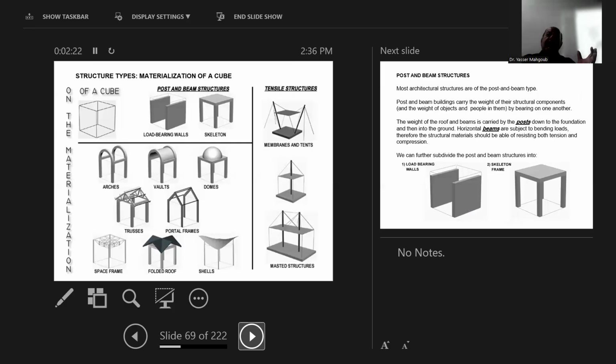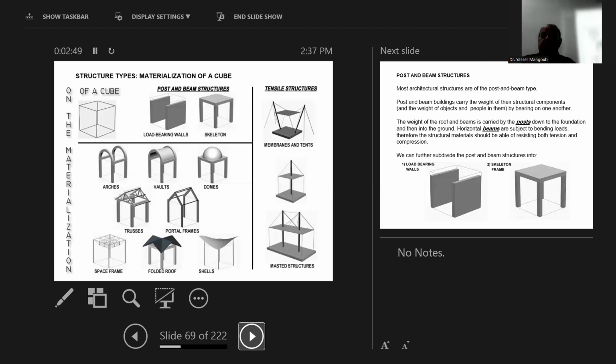Any space starts with a form, a cube, a cylinder, a sphere, and this form is what needs to be covered and protected from the weather outside, and this is what needs to be provided with a structure.